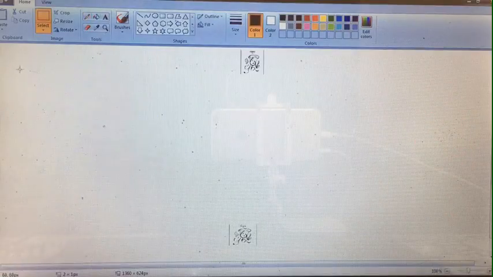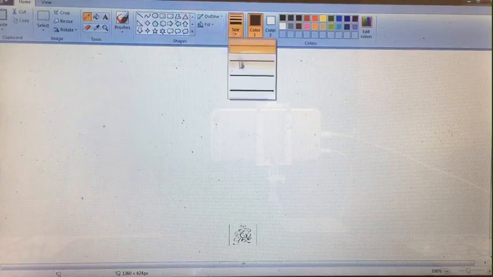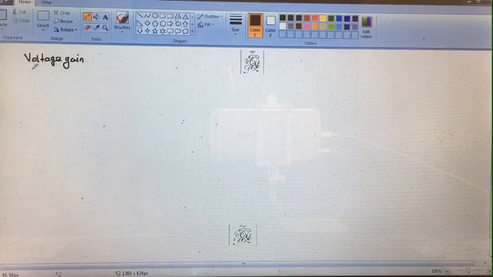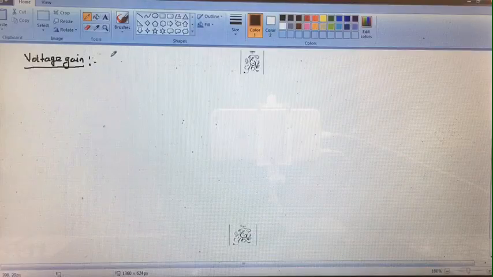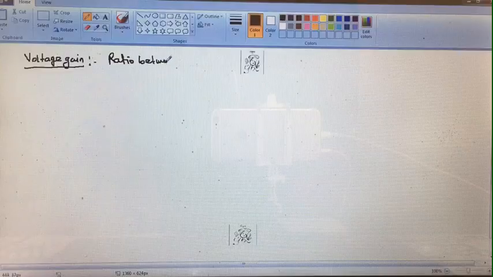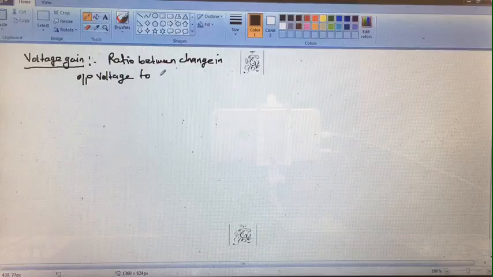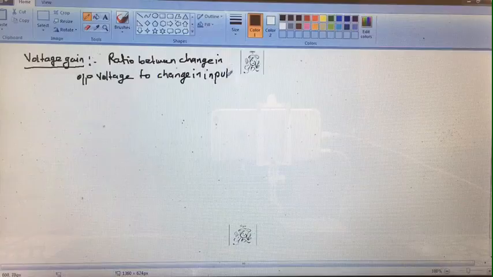The voltage gain in a common emitter amplifier is defined as the ratio between the change in output voltage to the corresponding change in input voltage.